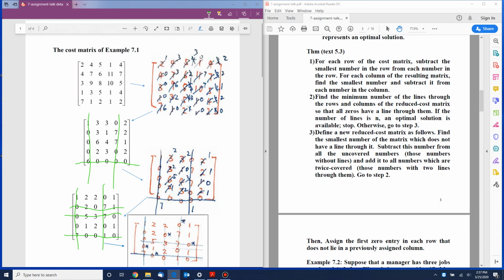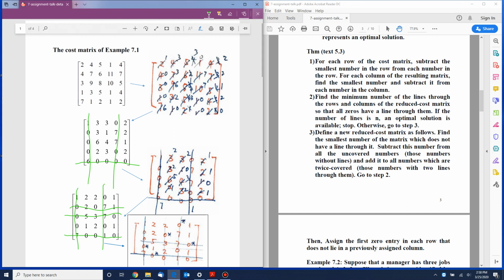And how to choose the optimal solution is that we make a star at those zeros, but keep this in mind: each column and each row may have only 1 star on it. So the first row we have only 1 zero there, right? So we put a star on the 0.